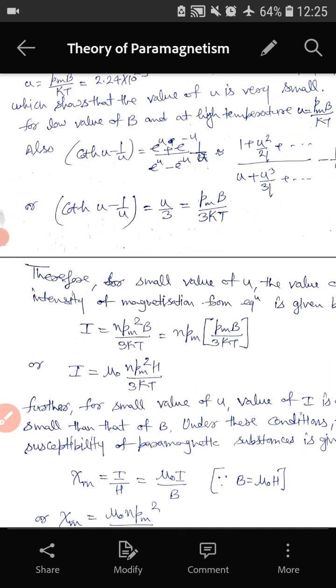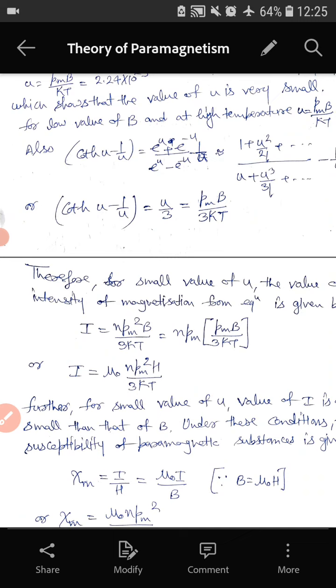Also, it can be written as 1 by T into n pm square mu 0 by 3k. Here n is the number of atoms per unit volume, pm is the dipole moment, mu 0 is also a constant, and k is the Boltzmann constant.